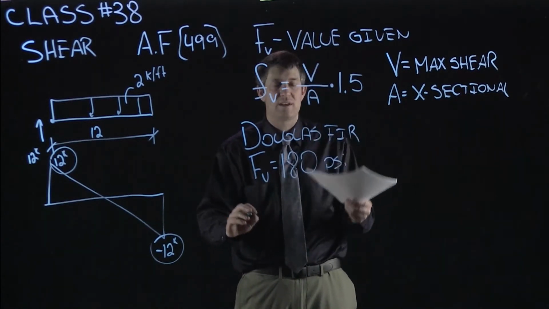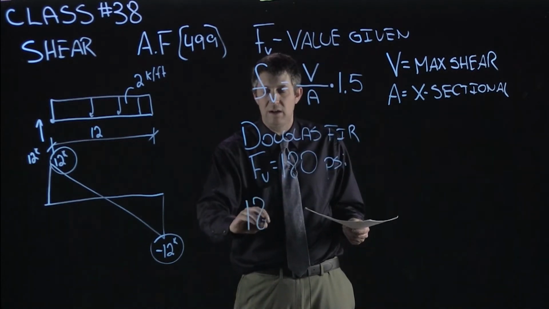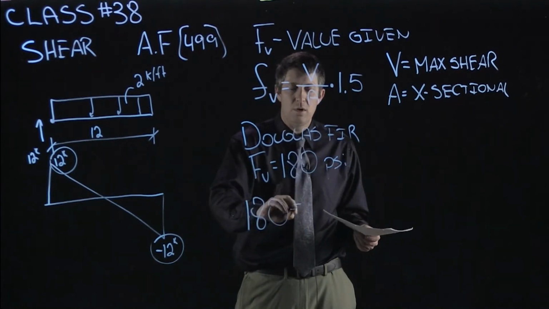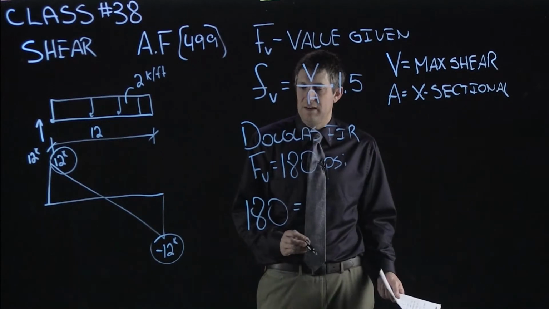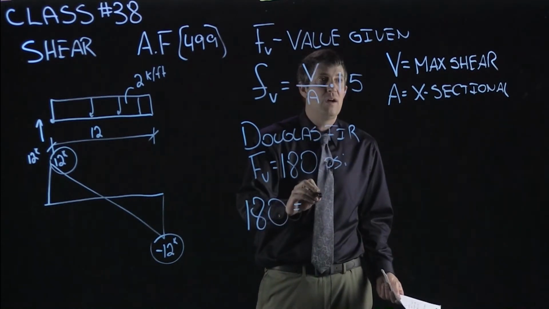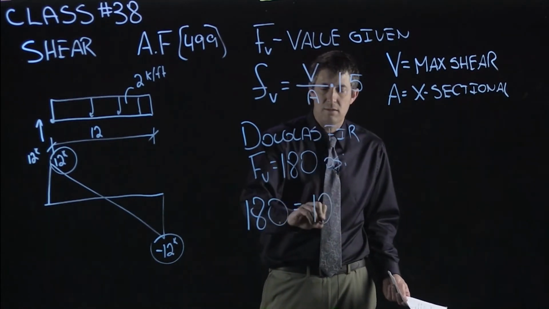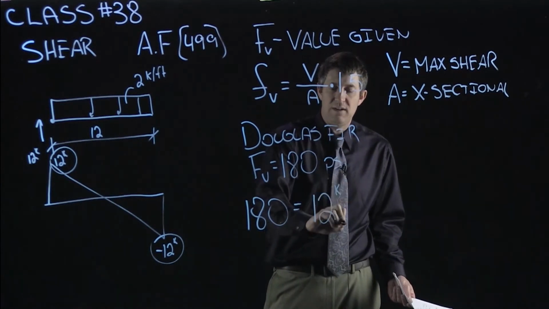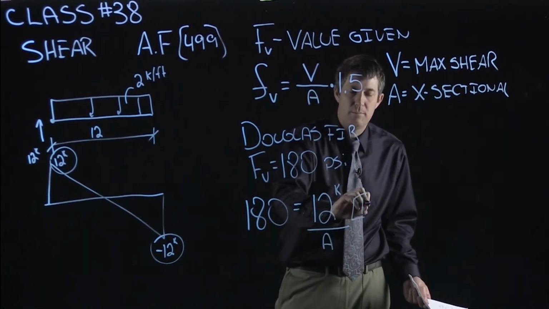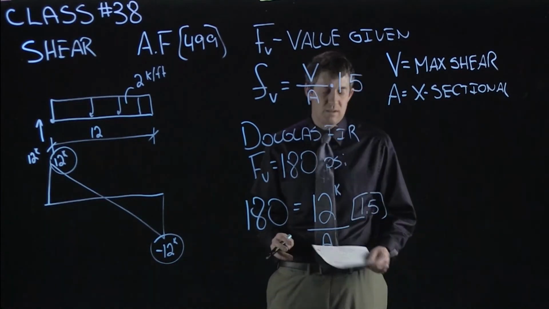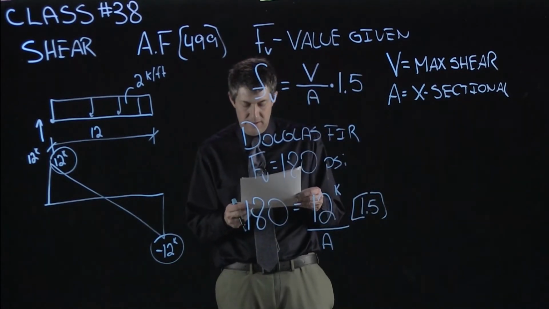To design what size beam we would need, we take 180 and set it equal to the maximum shear, which is 12 kips, divided by an area, and multiplied by 1.5. Now 1.5 is just the multiplier that we get.